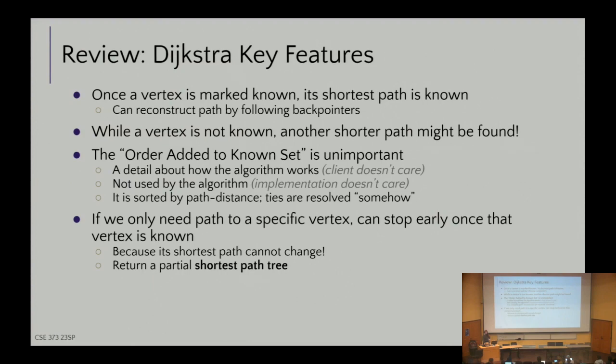That's what the back pointers mean. The order added to the known set is unimportant. I tried to make that clearer for all of you. But as a reminder, if you are only looking for a specific vertex, you can stop early. You don't have to traverse the entire map if you found the vertex you were trying to reach.